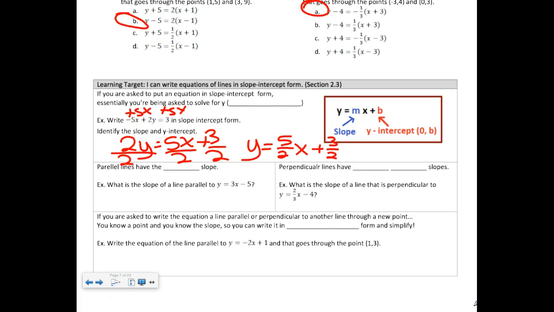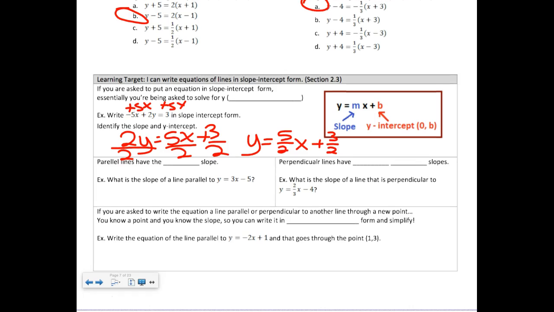Two other things we have to remember about this is we talked about parallel and perpendicular lines. If lines are parallel, they have the same slope. And if they are perpendicular, we call those opposite reciprocals.